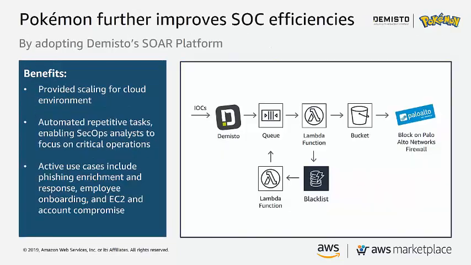And in terms of responding, they looked for a SOAR solution to help automate and implement some of these playbooks and runbooks to correct things. So as an example here, they're using Demisto, which is from Palo Alto, and one of the scenarios could be we're getting a bunch of attacks from a particular set of IP addresses.